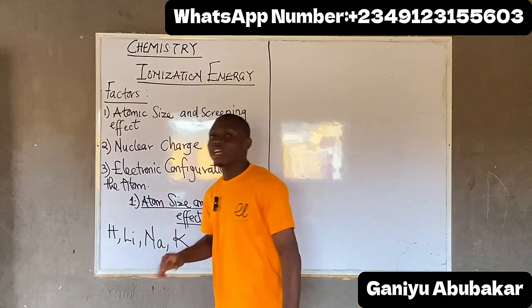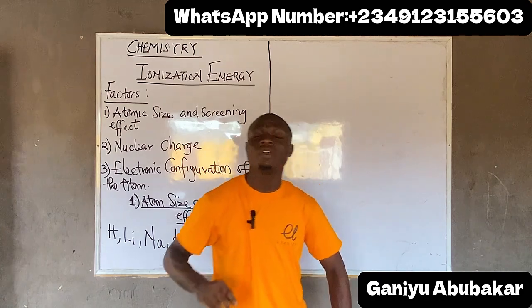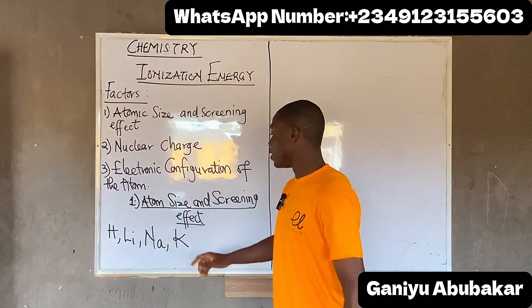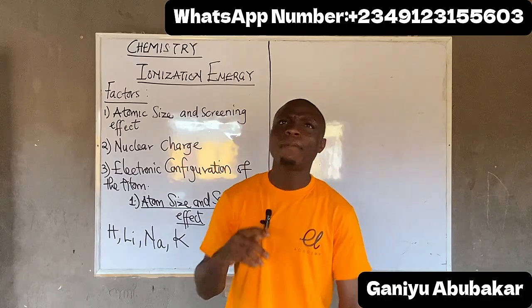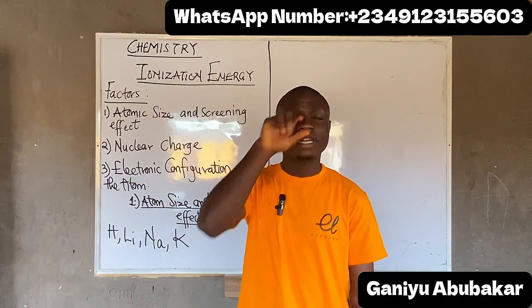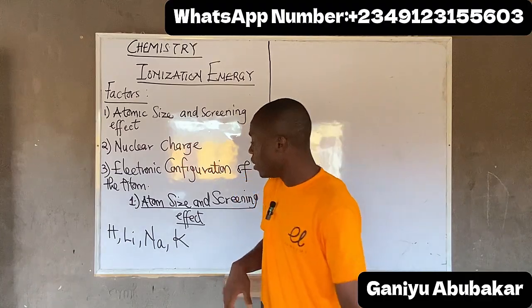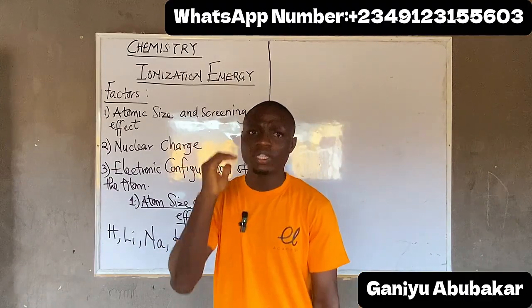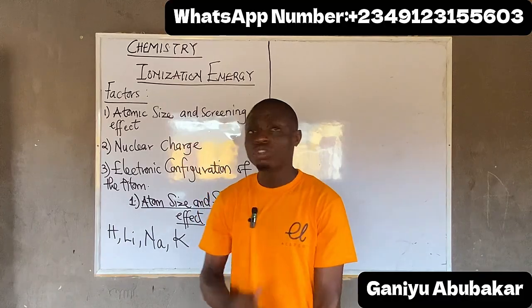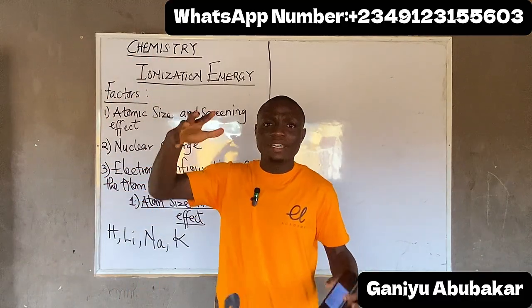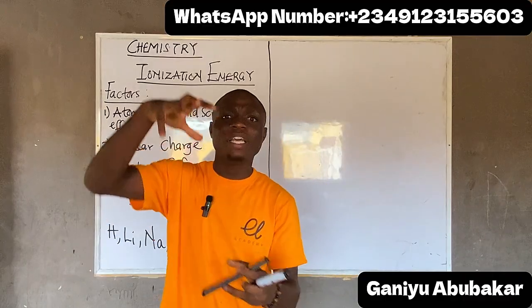Sodium will involve three circles, which involve the K, L, and M shells. Similarly, potassium will have three to four circles, depending on the case. So the more you go down the group, taking hydrogen, lithium, sodium, and potassium, the shells keep increasing, and the atomic size keeps increasing.